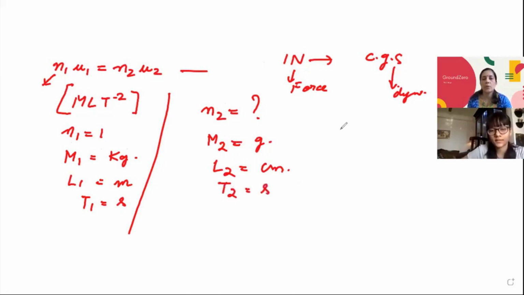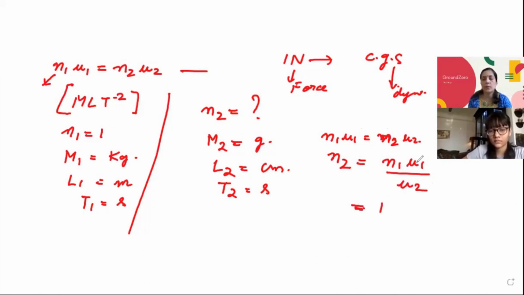So we know n1 u1 is equal to n2 u2. Now you can substitute this. What we have to find is n2, so n2 is n1 u1 upon u2. Now you place the values. n1 is 1, and now you put the unit values, placing all the dimensions.